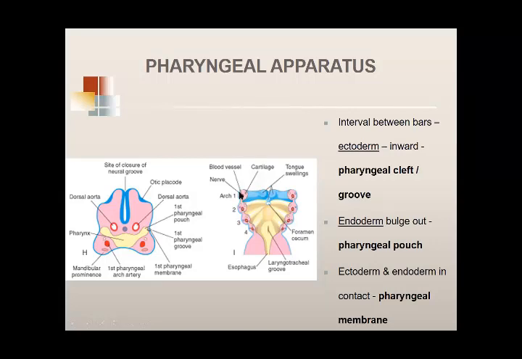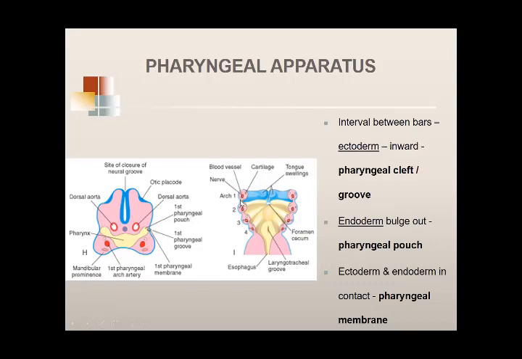On the outside, the ectoderm lining these arches, in the region of loose mesenchyme, pushes in or bulges in. And this structure that is formed is called pharyngeal cleft or pharyngeal groove.